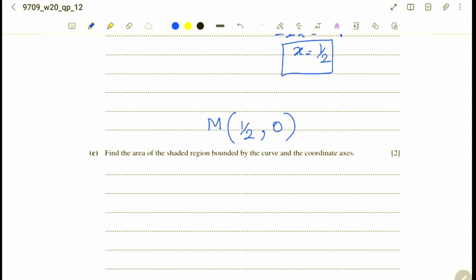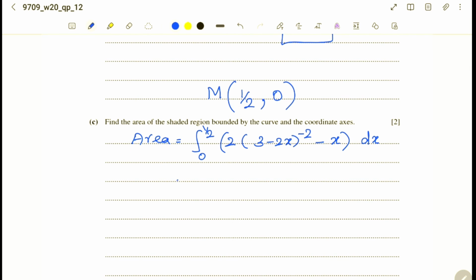So the area of the shaded region is integral from 0 to 1 over 2 of 2 divided by 3 minus 2x the whole power 2, or we can write this as 2 multiplied by 3 minus 2x the whole power minus 2, minus x, multiplied by dx.